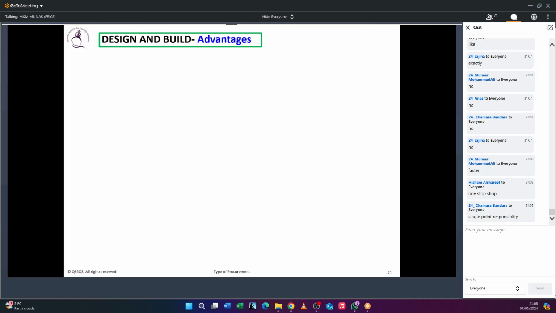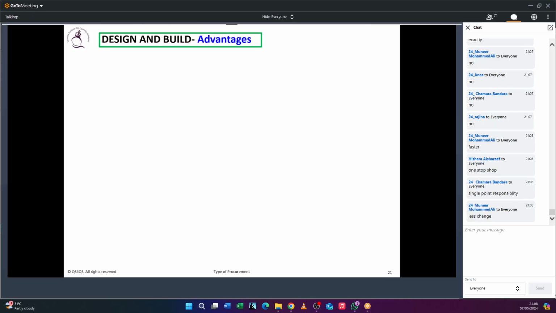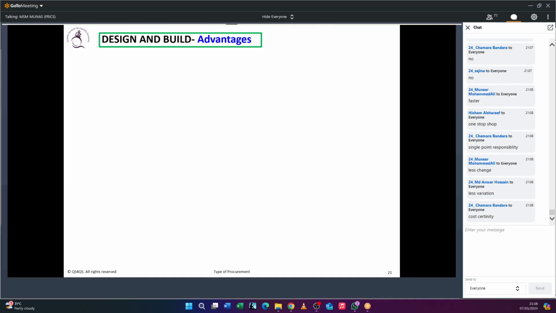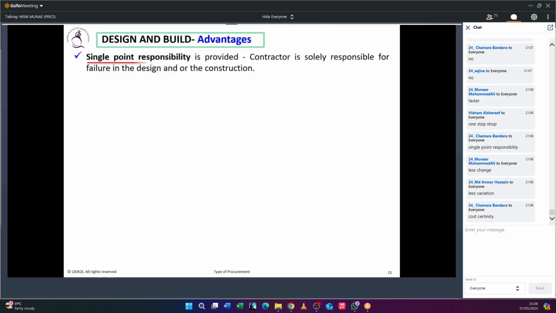What else? Less change. Yes, but if you change the employer requirement, then it is a variation. Otherwise, no change. Okay. So cost certainty. Very good. Time certainty. Yeah, single point responsibility.